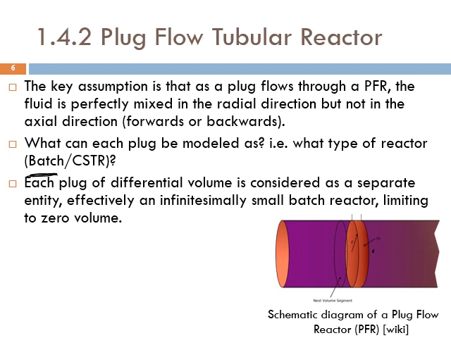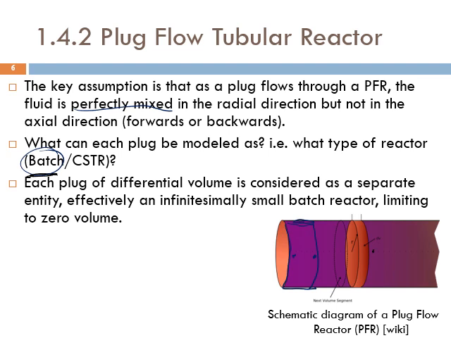Imagine that we take a plug that is this large, this plug here. It's very large. I know that the concentration of A here is much more than the concentration of A here. Correct? So now it's not perfectly mixed, which is far from being a batch reactor.